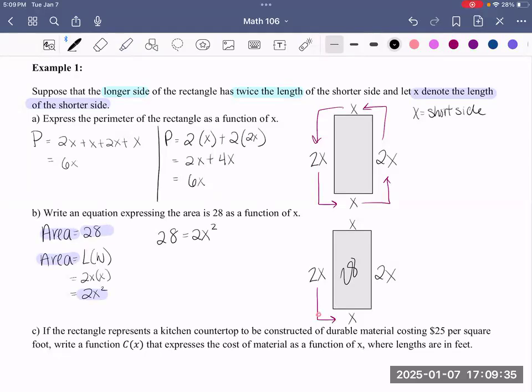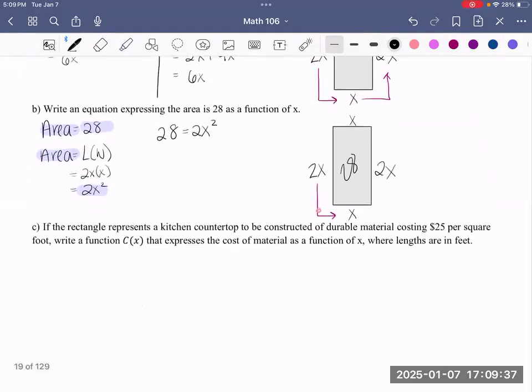Now C says, if the rectangle represents a kitchen countertop that can be constructed of durable material costing $25 per square foot, write a function C of x that expresses the cost of material as a function of x, where the lengths are in feet.